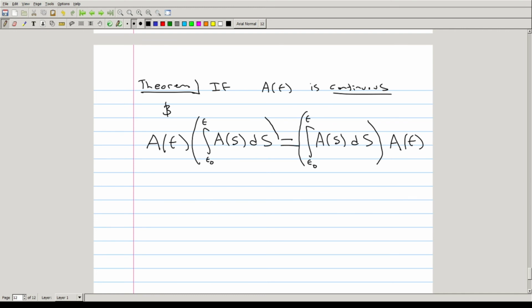Remember, because this is matrix multiplication, it's not in general commutative, but if these two, the matrix A and its integral, commute, then the fundamental matrix phi of t will again be equal to the matrix exponential of the integral from t naught to t of A of s ds.